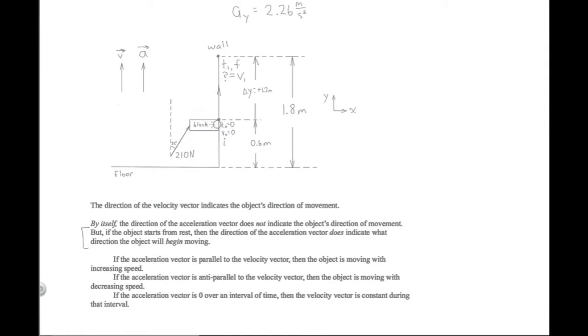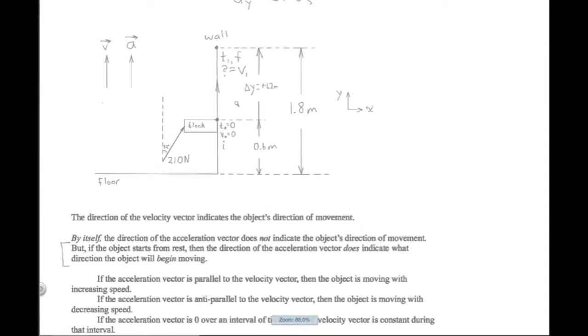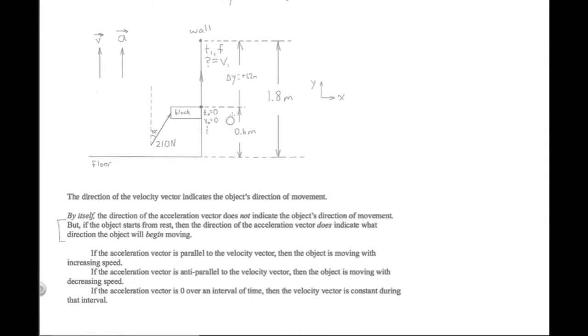Now, continuing to think about it, what do these results here mean? Well, remember the direction of the velocity vector indicates the object's direction of motion. So we know that after time 0, the object is moving, sliding up the wall.